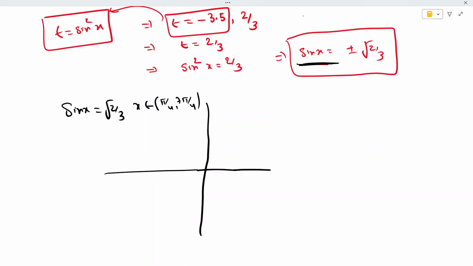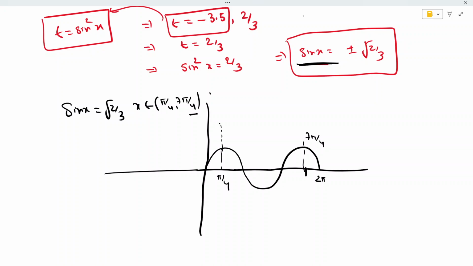Now plot the graph of sin x. The graph of sin x looks like this. We know that 7 pi by 4 is just less than 2 pi, so assume 7 pi by 4 is here, and pi by 4 is here.